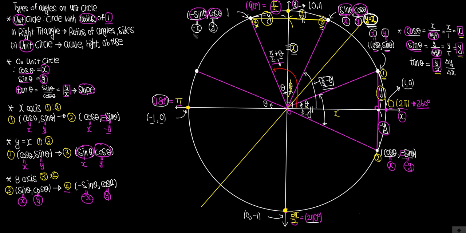We might think it will still be something like sine theta comma cosine theta, but it is different. If we make a right triangle to solve for its coordinate, the x value is from this coordinate all the way to the origin, so this will be the x coordinate, and the y coordinate is from this point all the way down.